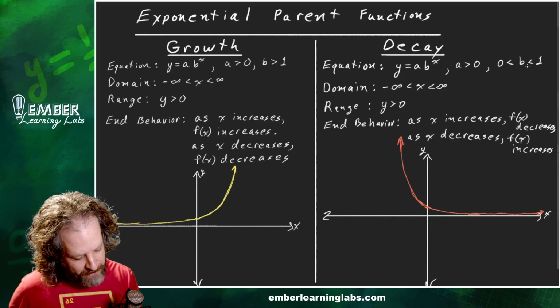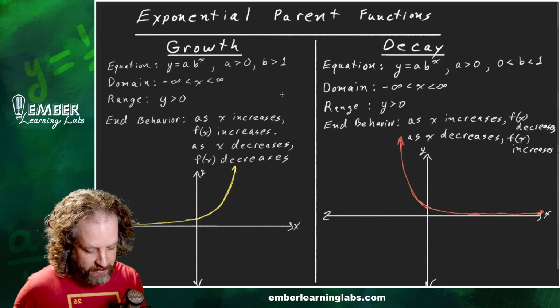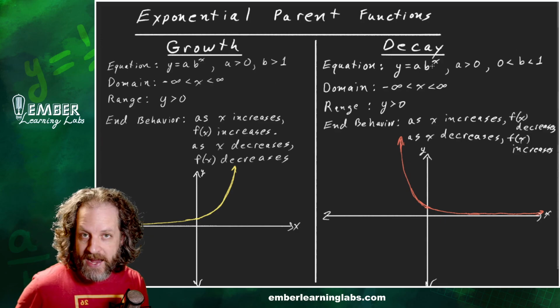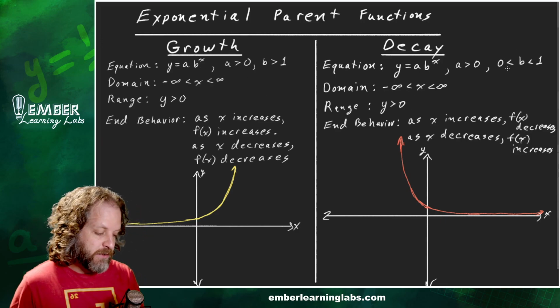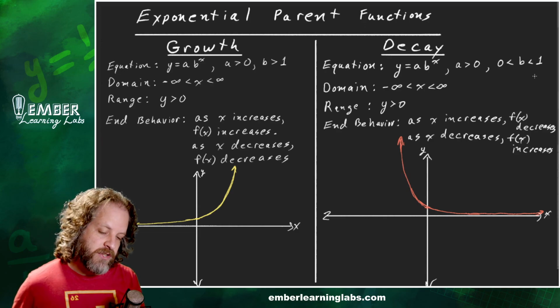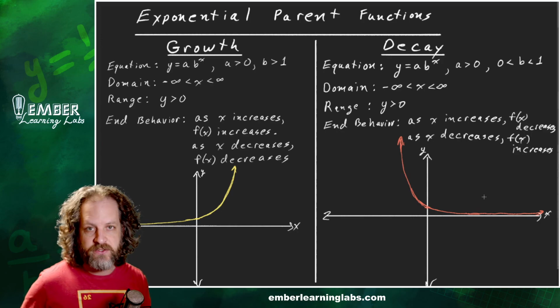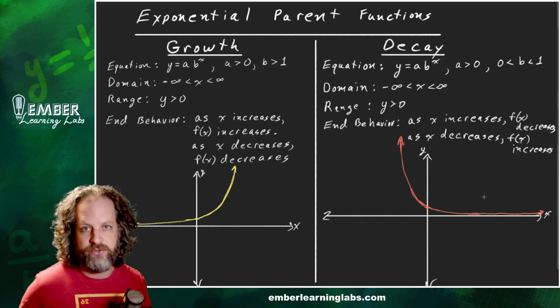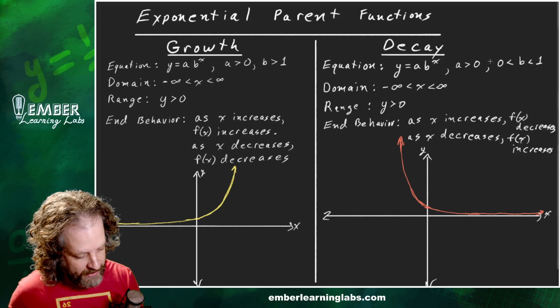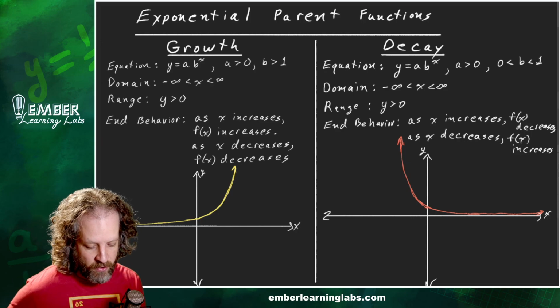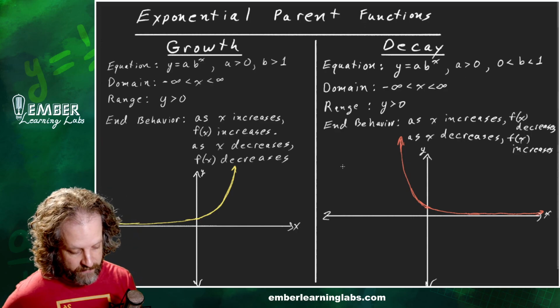But for a decay function, b, the one that is raised to the x, has to be between 0 and 1. So we're talking about things like 1/2 or 2/3 or 0.589237, right? Anything between 0 and 1, not including them.